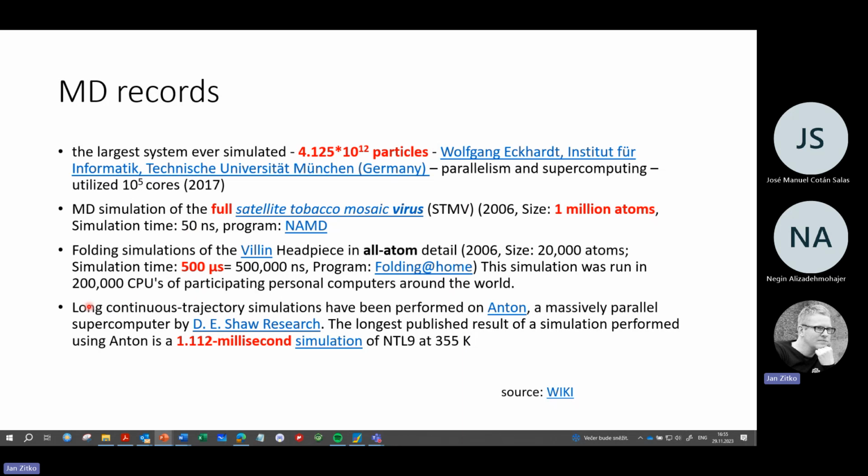Okay, and let me go to the last point, which is the longest simulation. I'm not sure if it still holds true, but as an example, it's quite good. So the longest simulation, yeah, the number of particles was normal, like thousands, but the length of the simulation is extraordinary, because normally we are doing hundreds of nanoseconds.